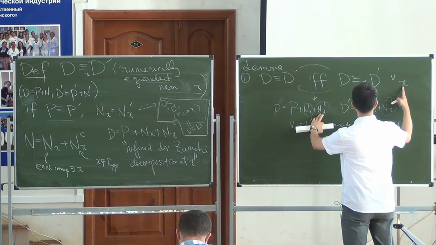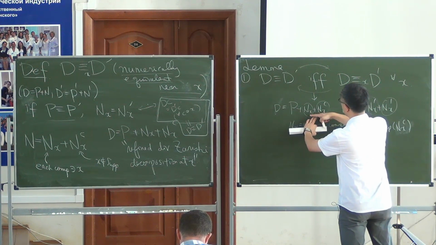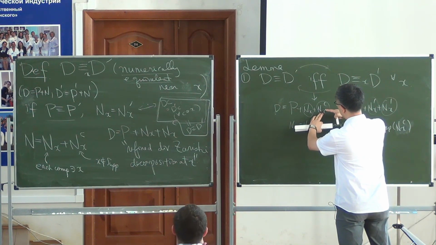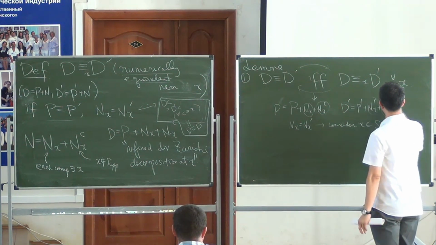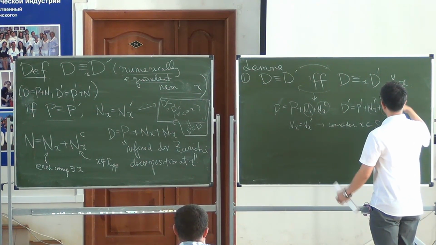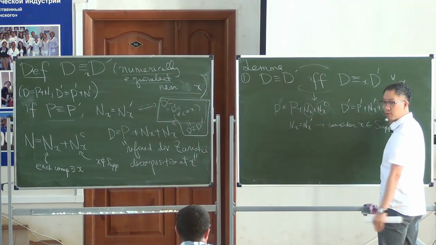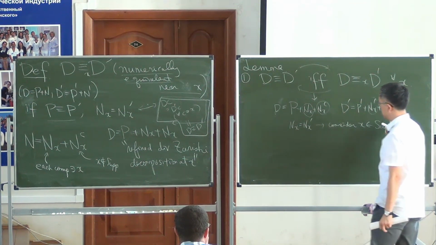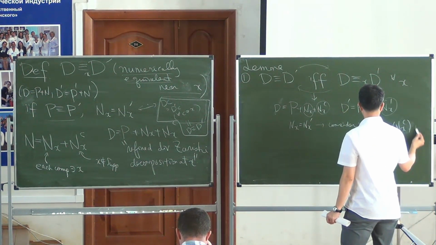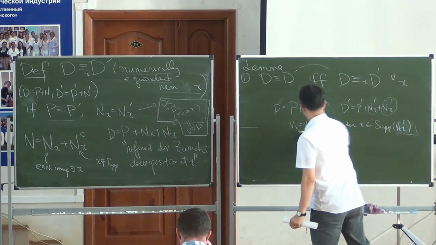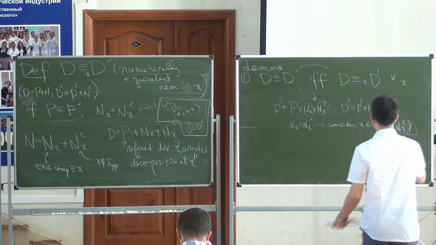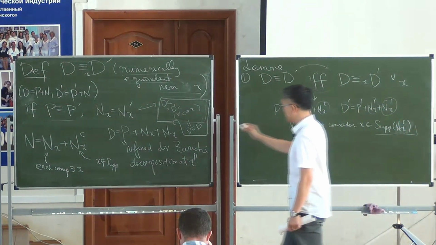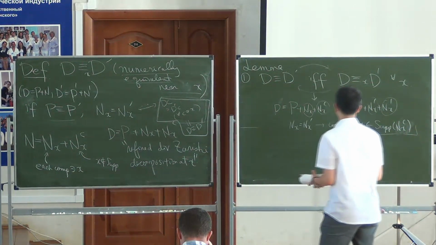So you just consider the other points which are not contained in here. Then you see that the components of N containing x will have the same coefficients. Okay. So if I say more, I may confuse you. If you know the definition, it's almost obvious.